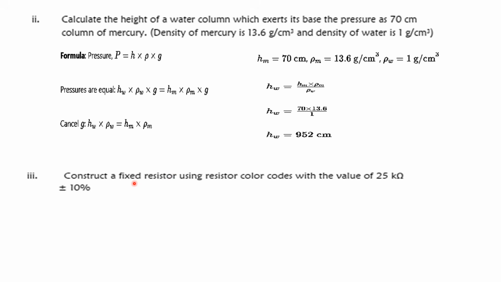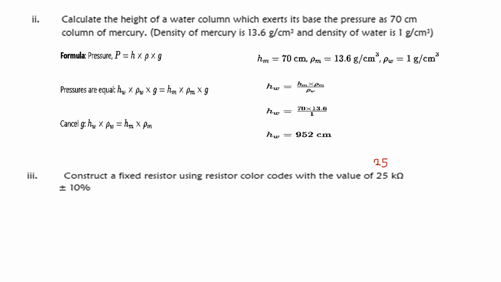Construct a fixed resistor, using the resistor color codes, with the value 25 kilo ohms. 25 kilo means 25,000.